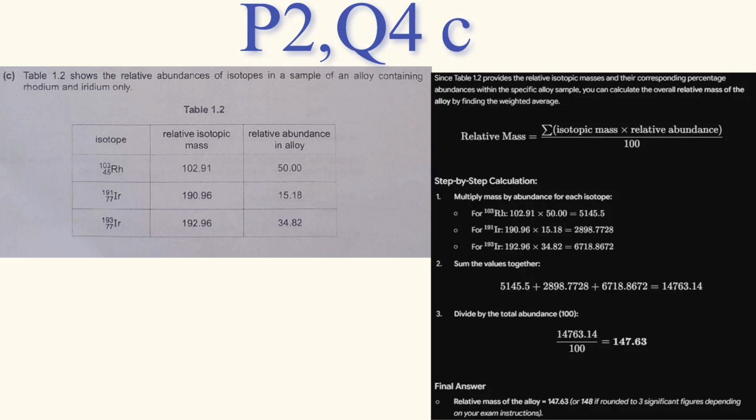Then we get all the values, and sum them together. We got 14,763.14, and then divided by 100, it is equal to 147.63.